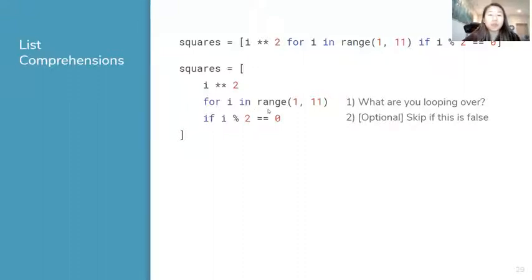So for i in the range of 1 to 11, if i modulo 2 is equal to 0, then we keep going, otherwise we skip. And so we put all of this in a list.